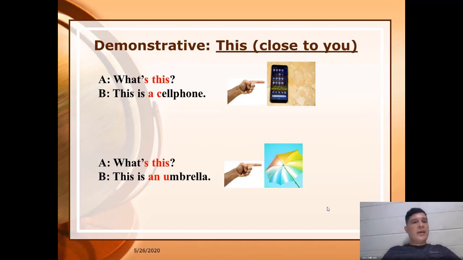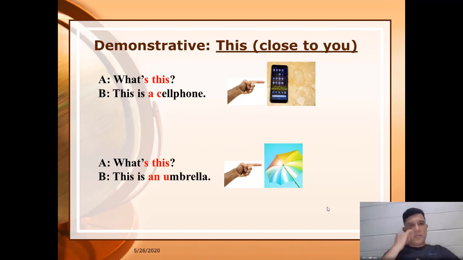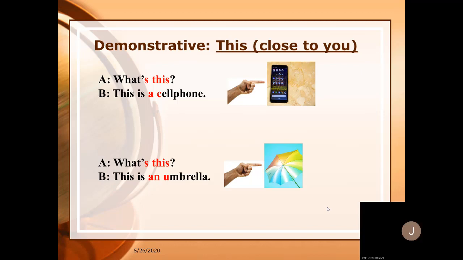And I would like that Cindy, you're going to be A, and Paola, you're going to be B. For the first one, right? This one. The first one. Okay. Paola, what's this? This is a cell phone.